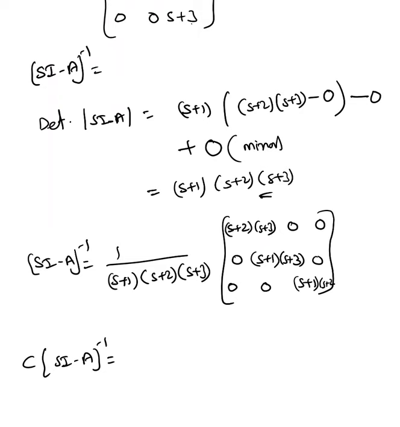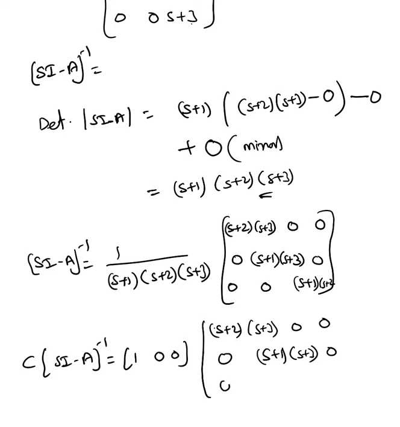So here I have C equal to 1 0 0, and (sI minus A) inverse with s plus 2 times s plus 3, 0, 0; 0, s plus 1 times s plus 3, 0; 0, 0, s plus 1 times s plus 2.